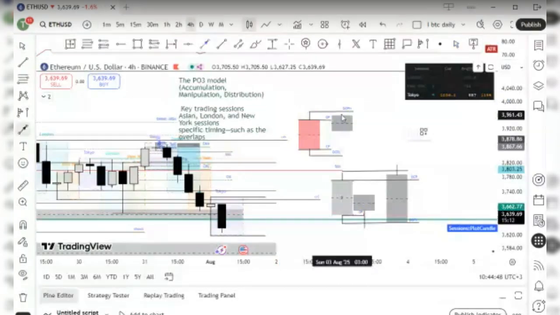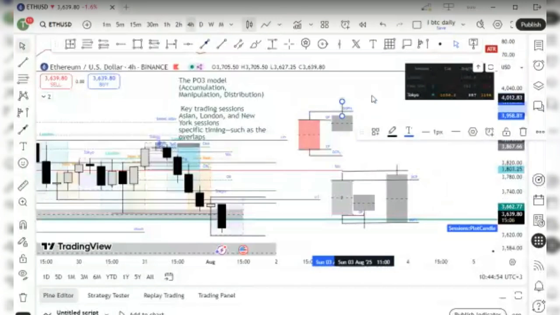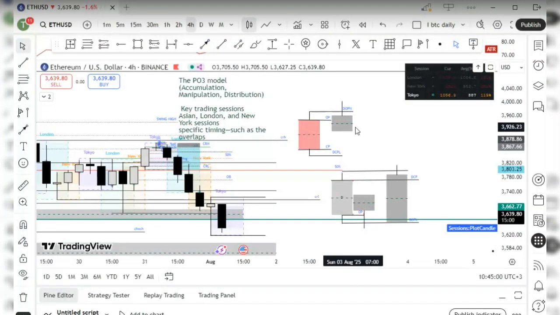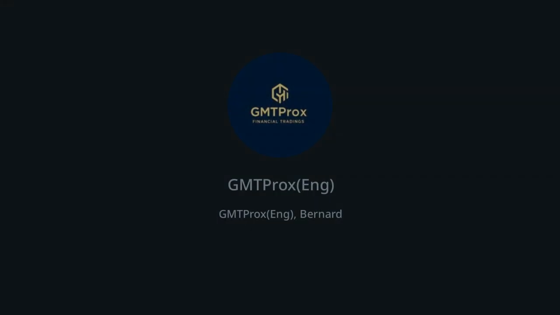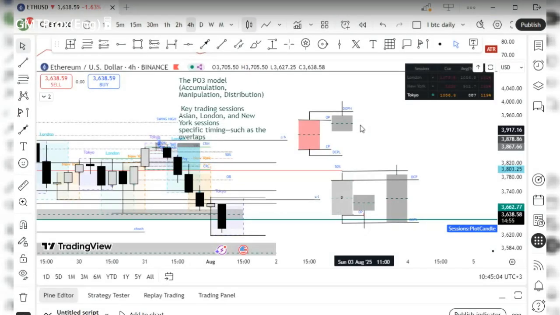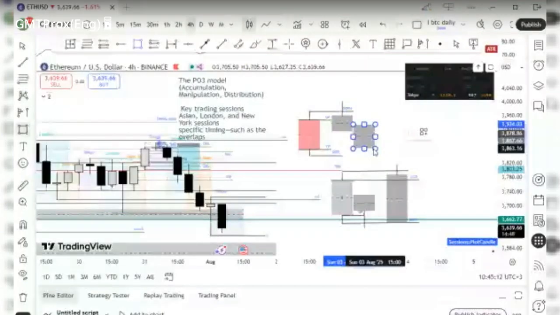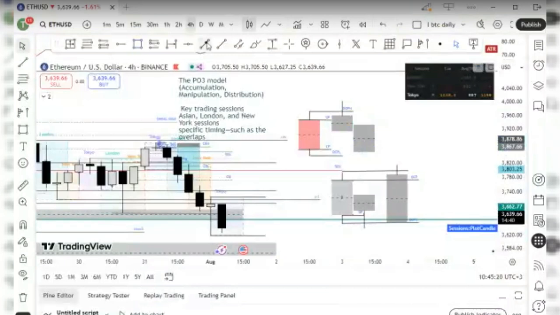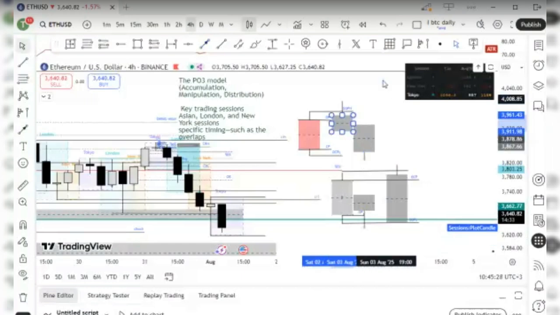We see a manipulation like this, taking this high, and then we're going to see a continuation to the downside, to the day candle price low. And then here we will also see a liquidity grab of these lows. That's how the market moves.